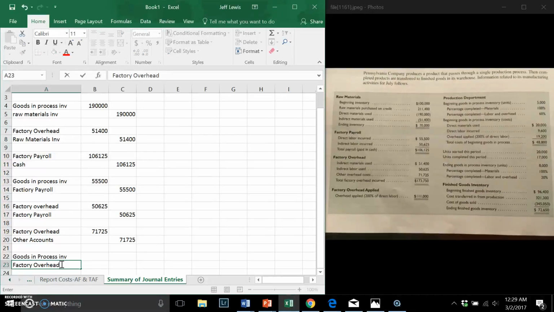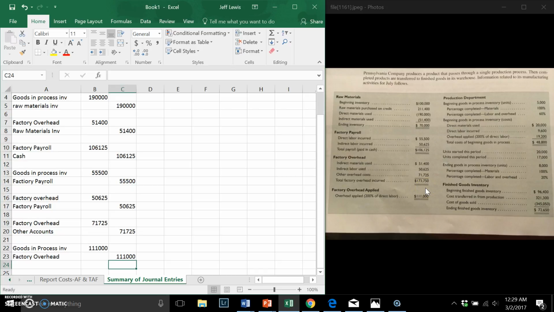This is part H. The goods in process inventory is 111,000. You can find that right here, applied factory overhead, because it's asking for the application of that.